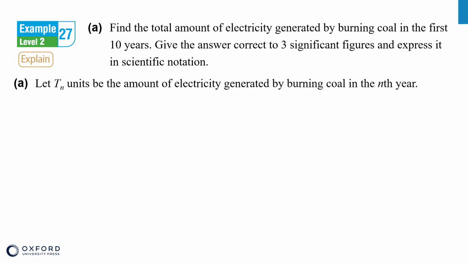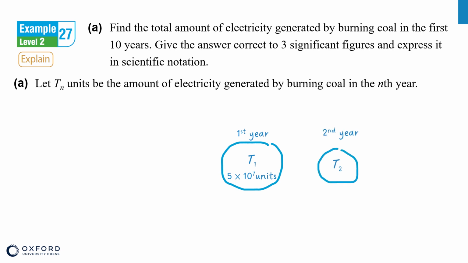Let Tn units be the amount of electricity generated by burning coal in the nth year. The amount of electricity generated in the first year is 5 times 10 to the power of 7 units. From the second year onwards, the amount of electricity generated is 10% less than that in the previous year, which is a fixed ratio between any two consecutive years.